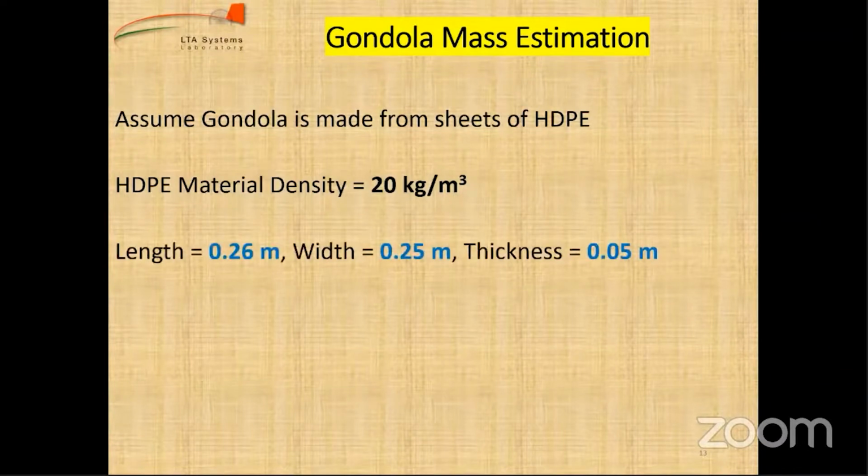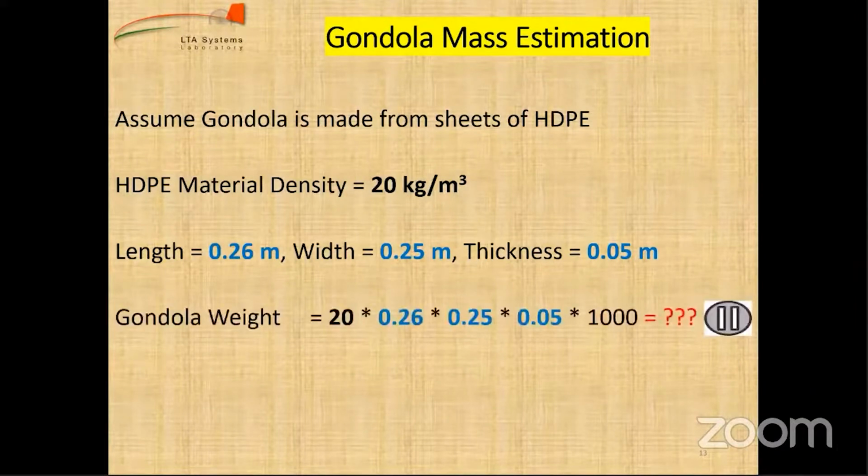And let us consider that the length of the gondola will be 0.26 meter, width 0.25 and thickness of 0.05. So if you want to make a gondola of this size with a material of 20 kg per meter cube density, the mass of the gondola comes to be density multiplied by volume.